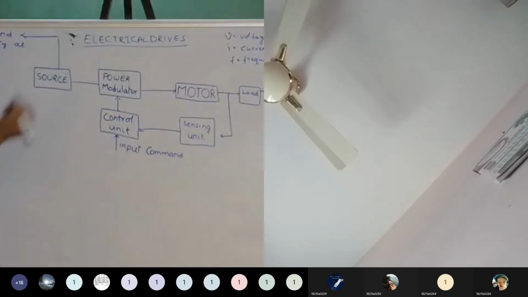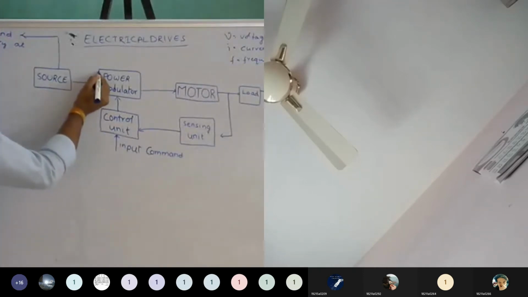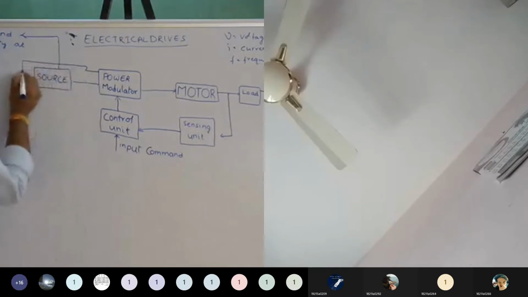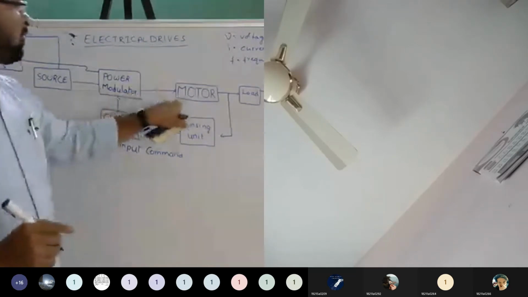Now we'll go to the power modulator. What are the functions of the power modulator? First thing, it will limit the power supply. Generally, what is the requirement?